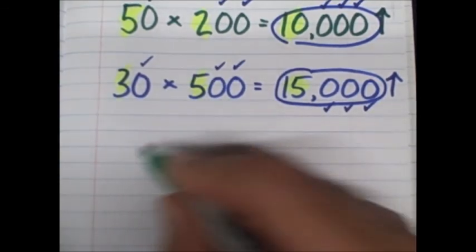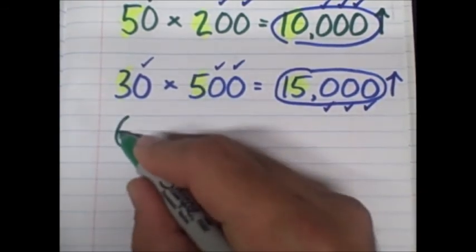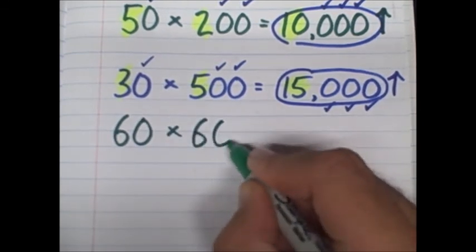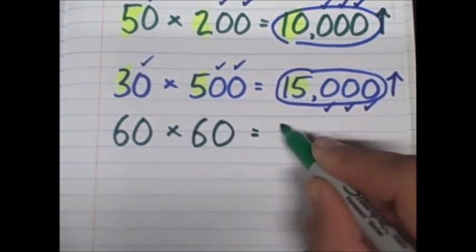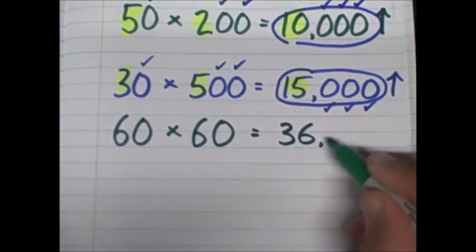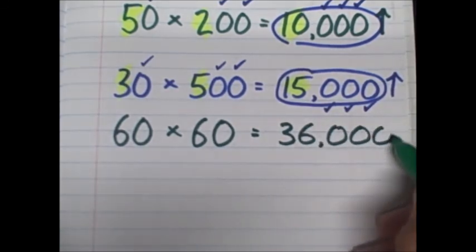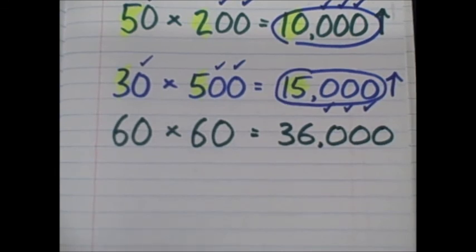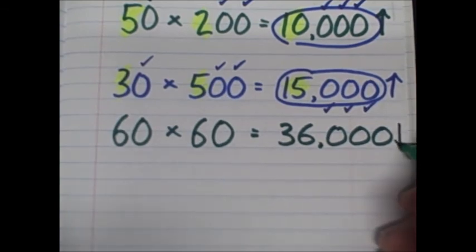And our last example for right or wrong, 60 times 60 equals 36,000. Pause the video and unpause when you're ready. 36,000 is incorrect.